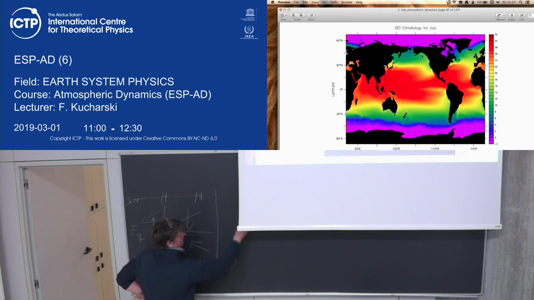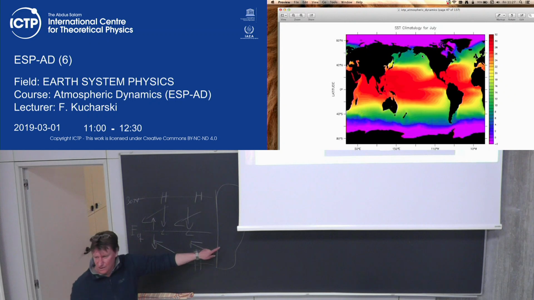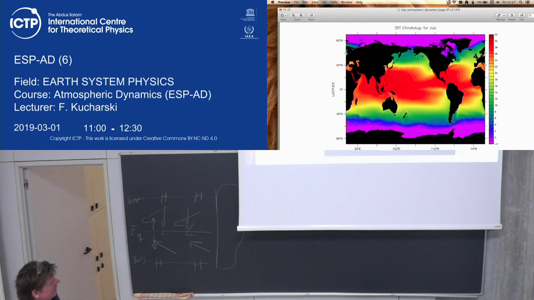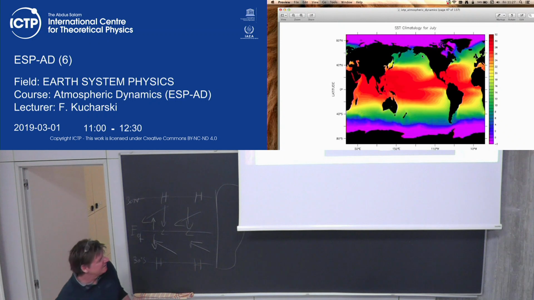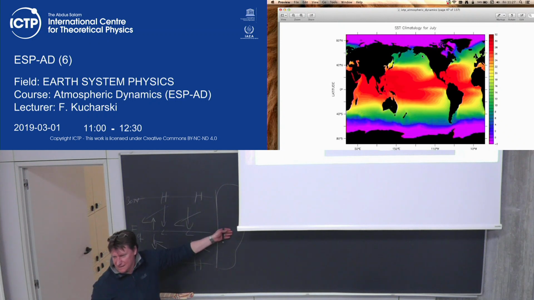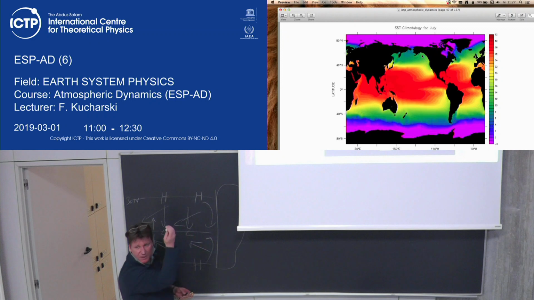The fact that we have a continent on the eastern side means that since the wind is trying to push the water over in that direction, it cannot take the water from the land. So the mass must come from somewhere else. It comes either from the sides or from the bottom.